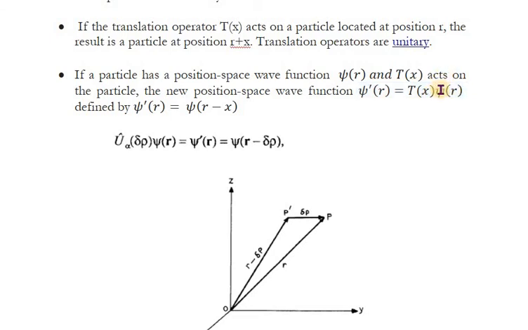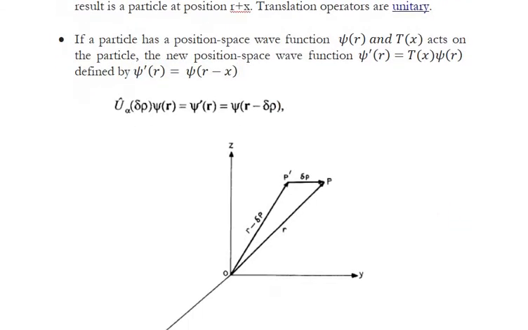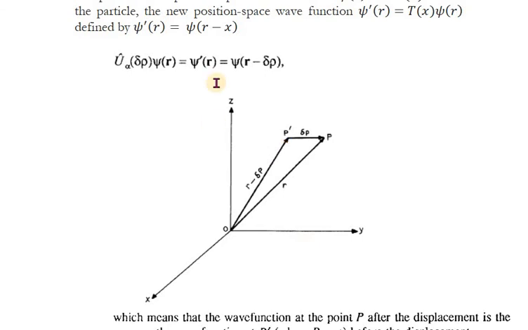Psi of r is before the transformation, then the translation operator T of x acts on the system, then it will have the new state, the new position space wave function psi dash of r, where psi dash of r is defined as psi of r minus x. Using this feature we can clarify this.